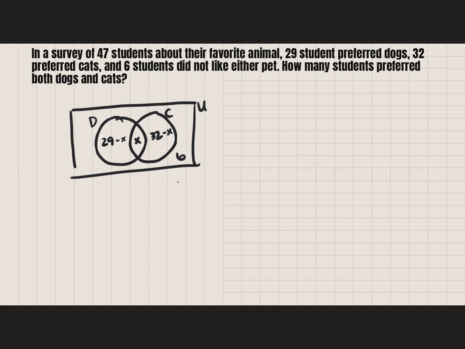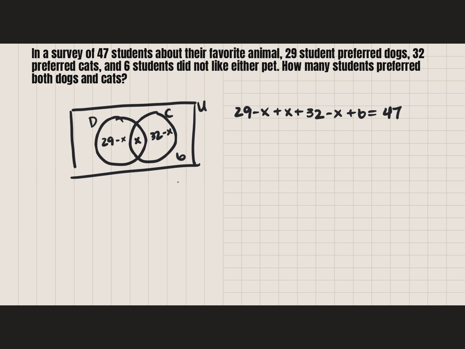And what I know should happen here is there should be a total of 47 students. So if I take all those spaces added together, I should get 47 students. And there's a way I can solve for who's in the middle.